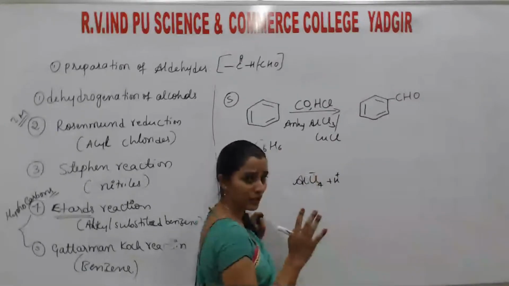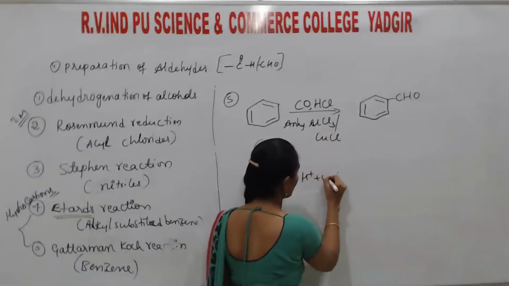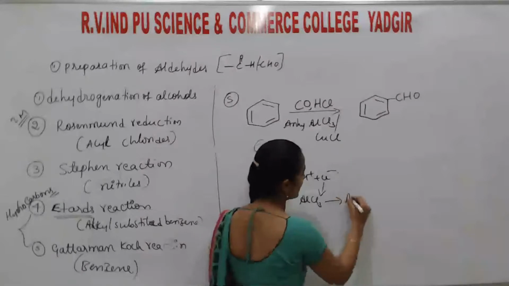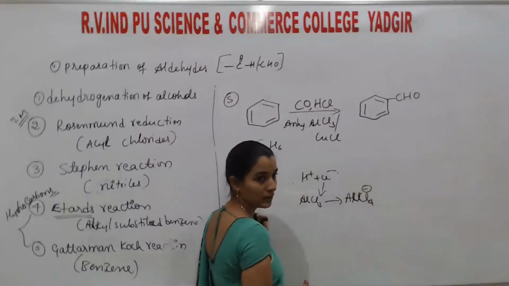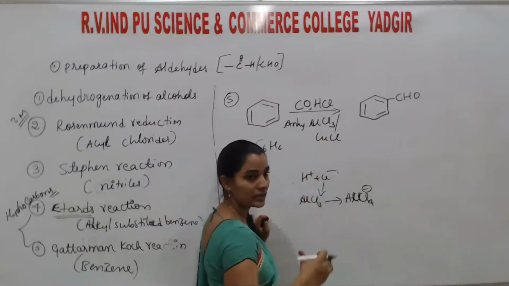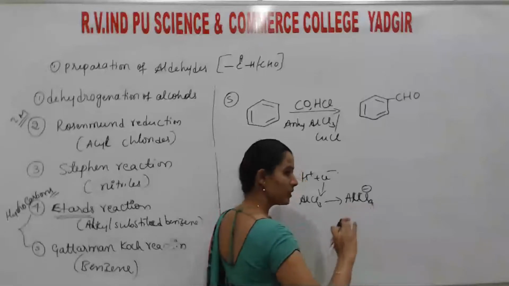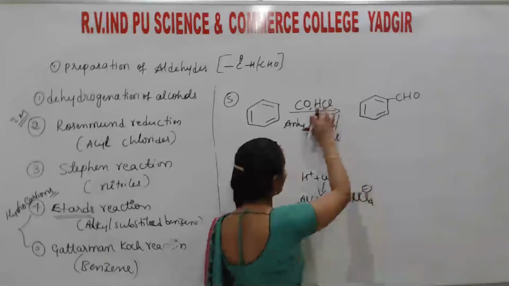AlCl4 minus. So this is H plus and Cl minus. This AlCl3 accepts this Cl minus and forms AlCl4 minus. This is the catalyst. It is not consumed, but it increases the rate of the reaction. You know that. So AlCl4 minus will later convert again into AlCl3.